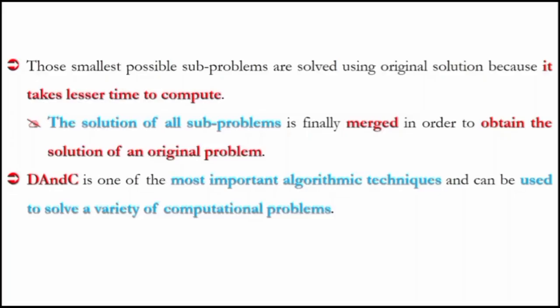Because in order to find the solution of the original problem, divide and conquer is the most important algorithmic technique that can be used to solve a variety of computational problems. This is the general idea: to divide or classify the given problem into smaller and smaller sub-problems.